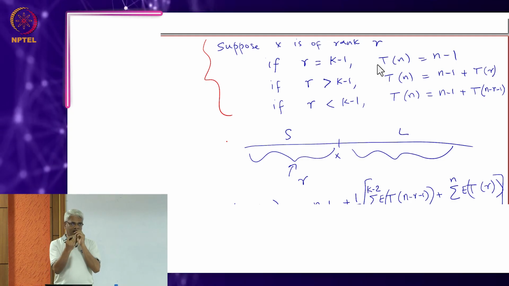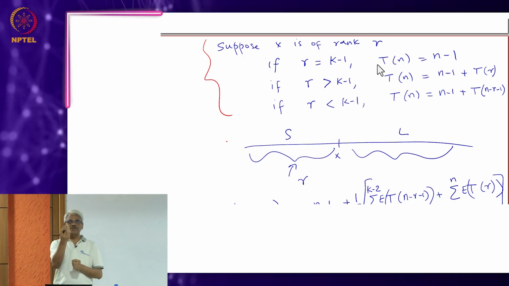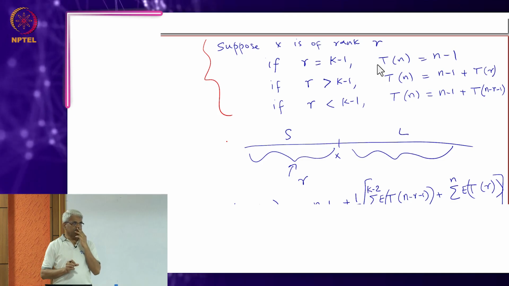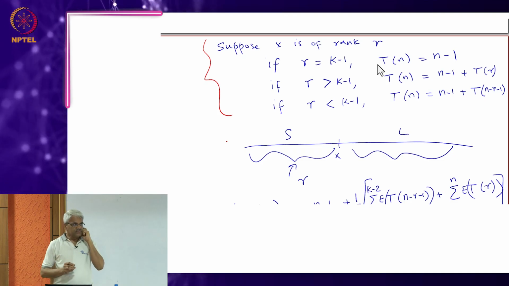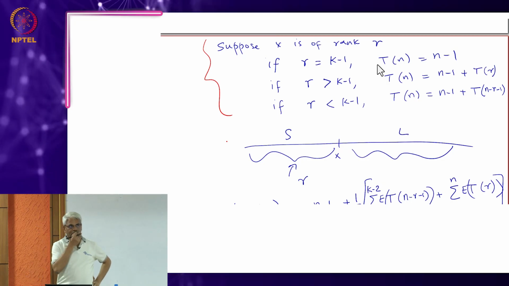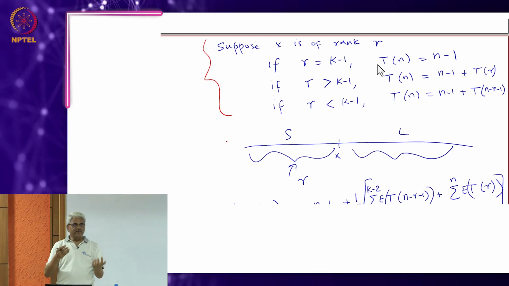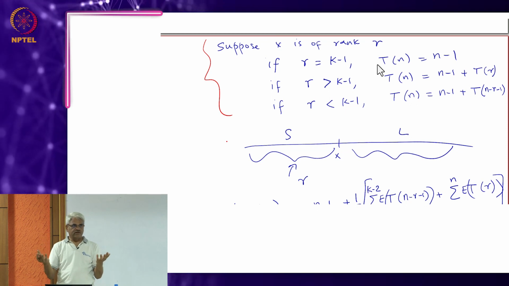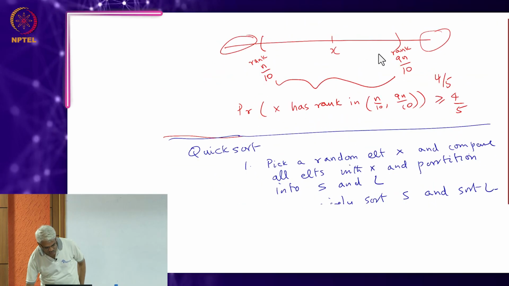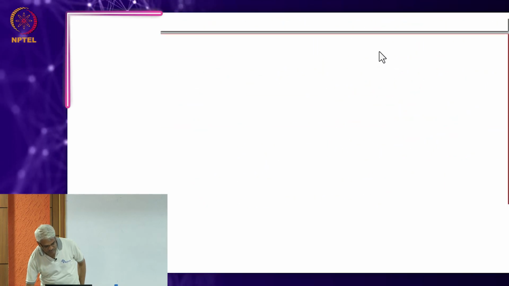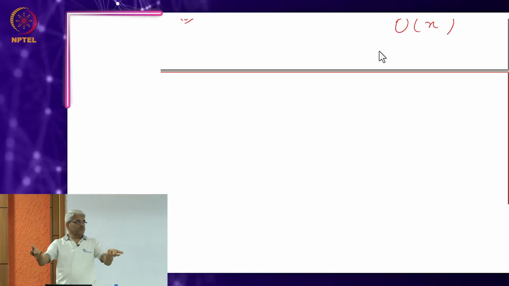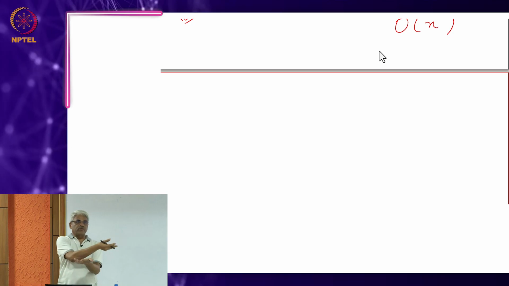Suppose the pivot I picked happens to be the rth smallest element. There are r elements smaller than that. Now, what would be the recurrence? So, there is T of S, there is T of L, you have to recurse, right. Exactly. T(r) plus T(n minus r minus 1) plus n minus 1.